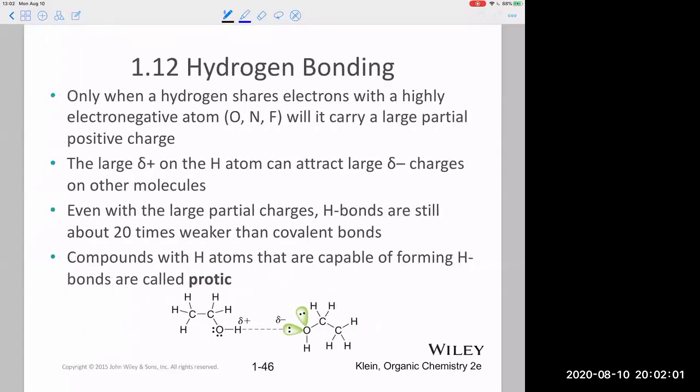When hydrogen's involved, we have the exact same thing going on in terms of a partial positive charge on this atom and a partial negative charge on this one, and that's why these two are interacting. But because hydrogen is in a polar bond, it has even more.